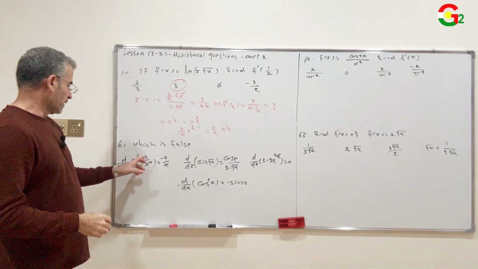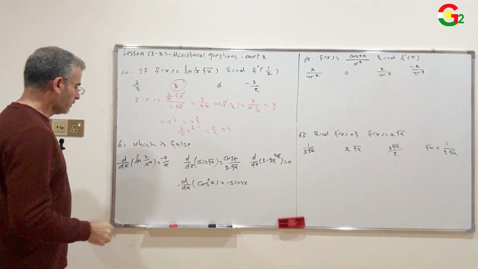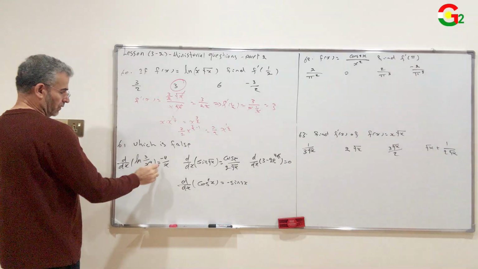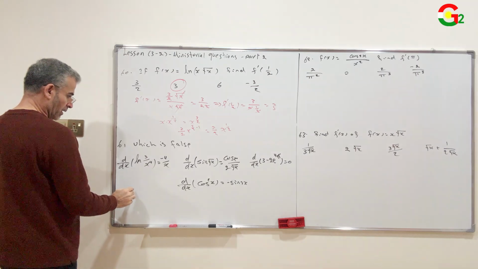Which one of the following derivatives is false? The derivative of ln of 3 over x to the power 4 equals negative 4 over x. Let us see.